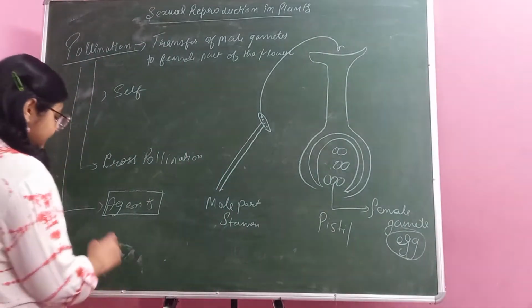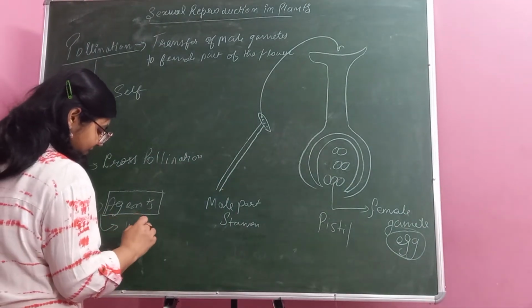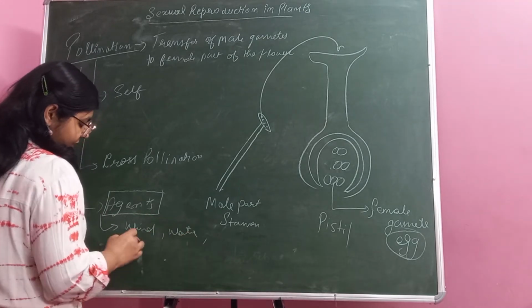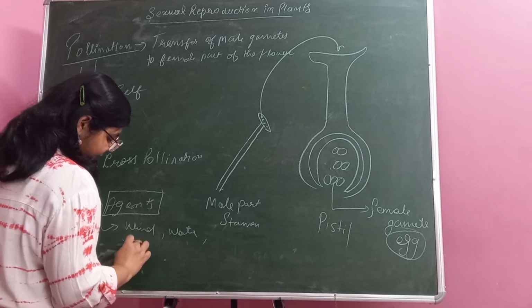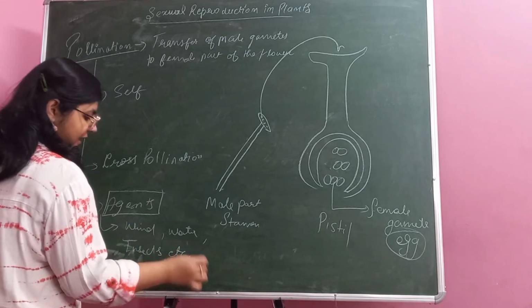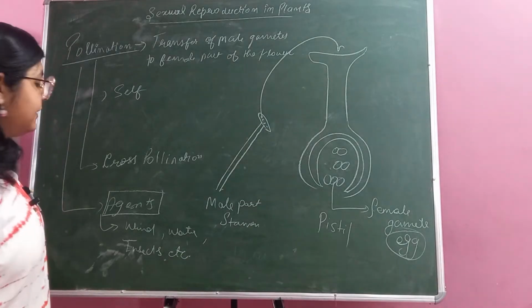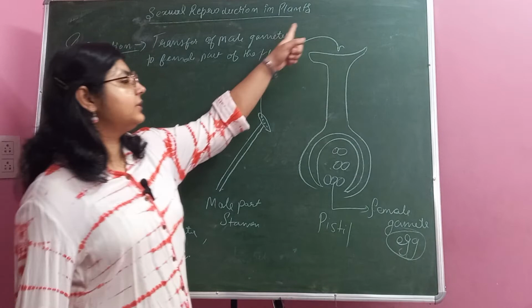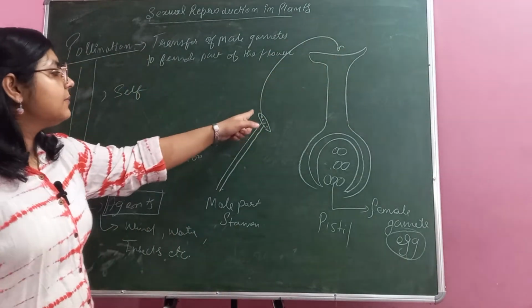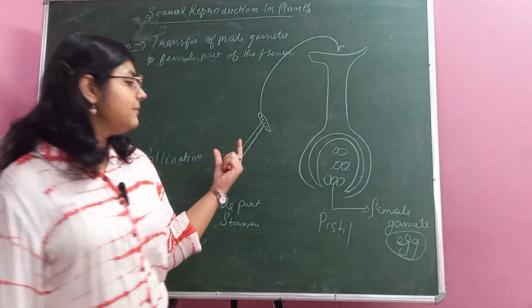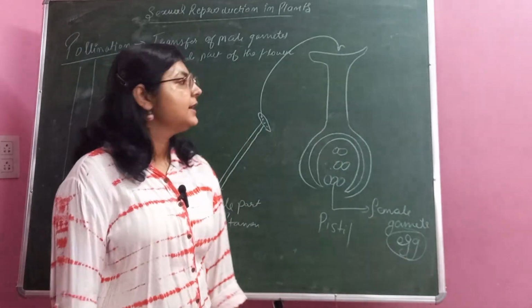What can be those agents? It can be wind, it can be water, it can be insects, flies, etc. Animals. So these are certain agents which help in the transfer of this pollen grain from male part to female part, right?